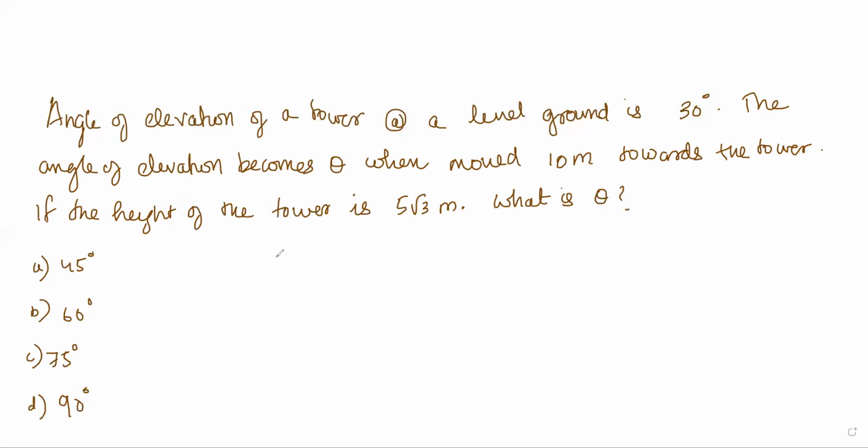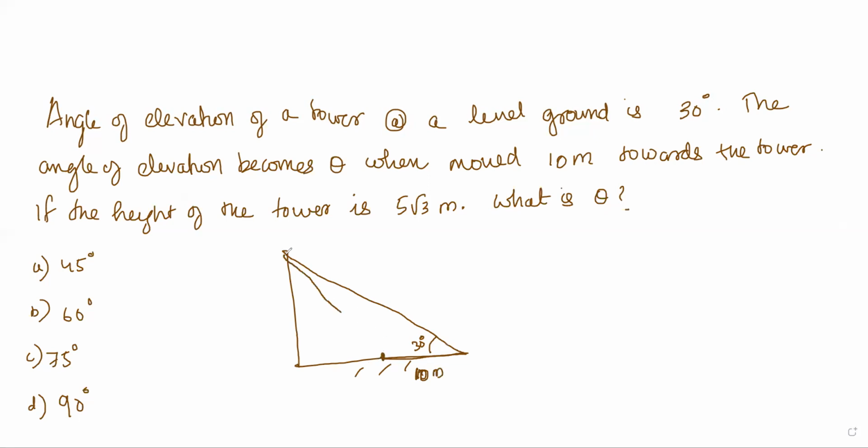Angle of elevation of a tower at a level ground. So we have a tower and there is a ground, and from there we are looking at the tower. The angle is 30 degrees. Now the angle of elevation becomes theta when moved 10 meters towards the tower.